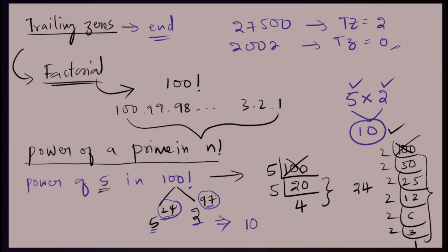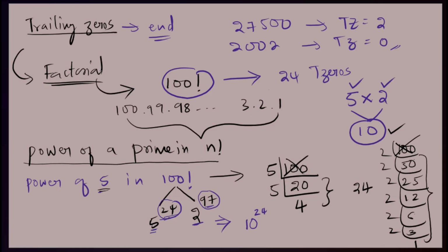These 24 5s and 24 2s multiply and form 24 tens, so 10 to the power 24. So there are 24 trailing zeros in 100 factorial. Am I clear?